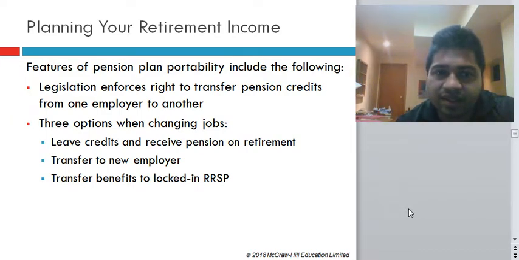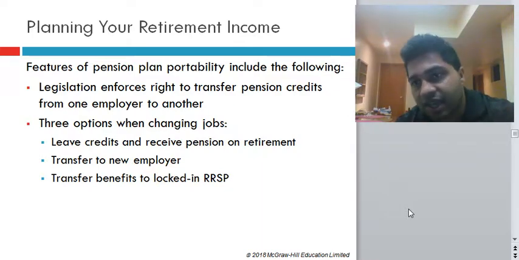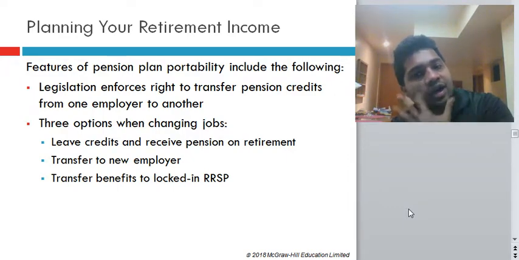Portability of pension plan. So there is legislation that enforces the right to transfer pension credits from one employer to another. There are three options. You can leave your pension in your retirement account and start getting pension when you retire, or you can transfer it to your new employer, or you can transfer it into a locked-in RRSP.